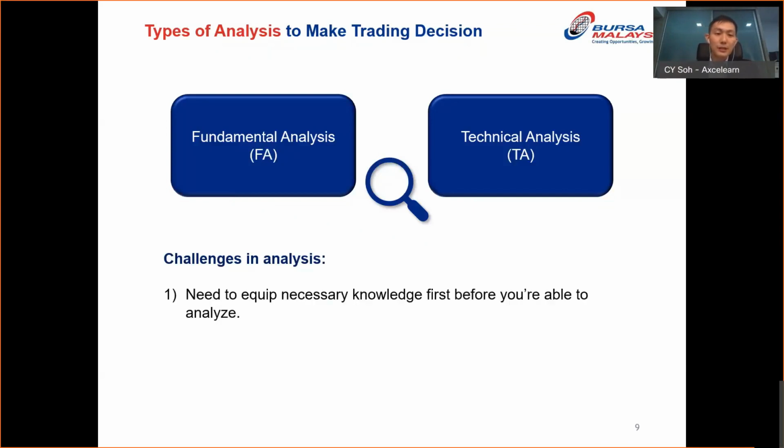So the first one is, before you are able to analyze a market, you need to equip the necessary knowledge first. If you want to do fundamental analysis, you need to equip the fundamental knowledge first. If you want to use technical analysis to make your decisions, you need to equip the knowledge of technical analysis first.